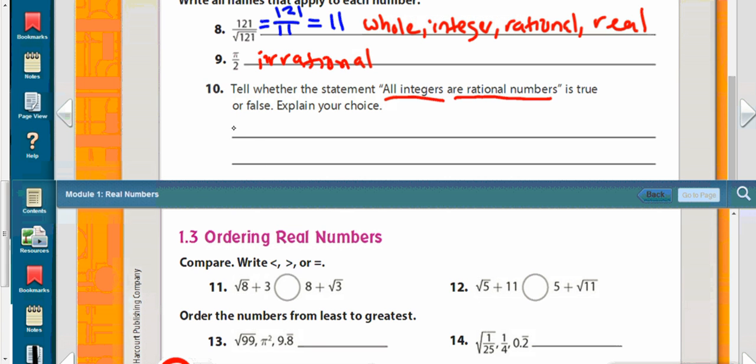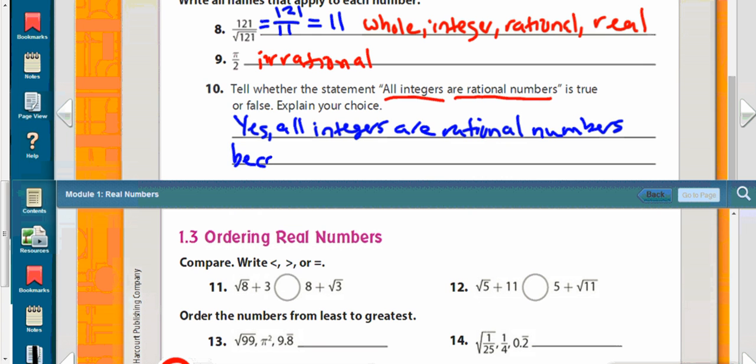So if I was to write this out, then I would simply say, yes, all integers are rational numbers. And the reason, since it says explain your choice, is because all whole numbers can be the product of division.